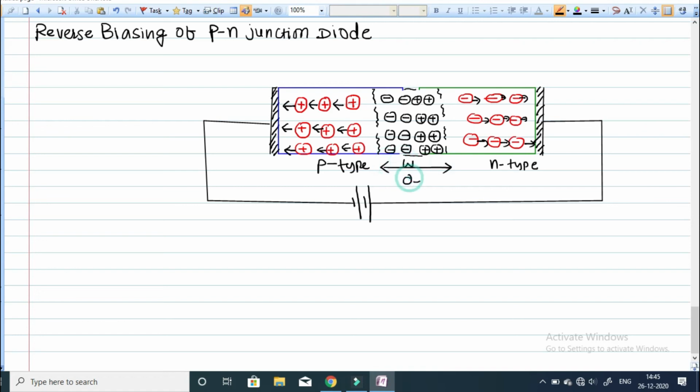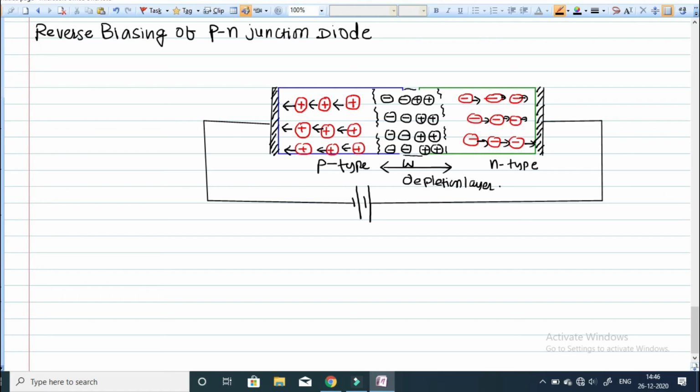This is your depletion layer. If you keep on increasing the reverse voltage, one stage will come when there will be breakdown and the diode will start conducting.